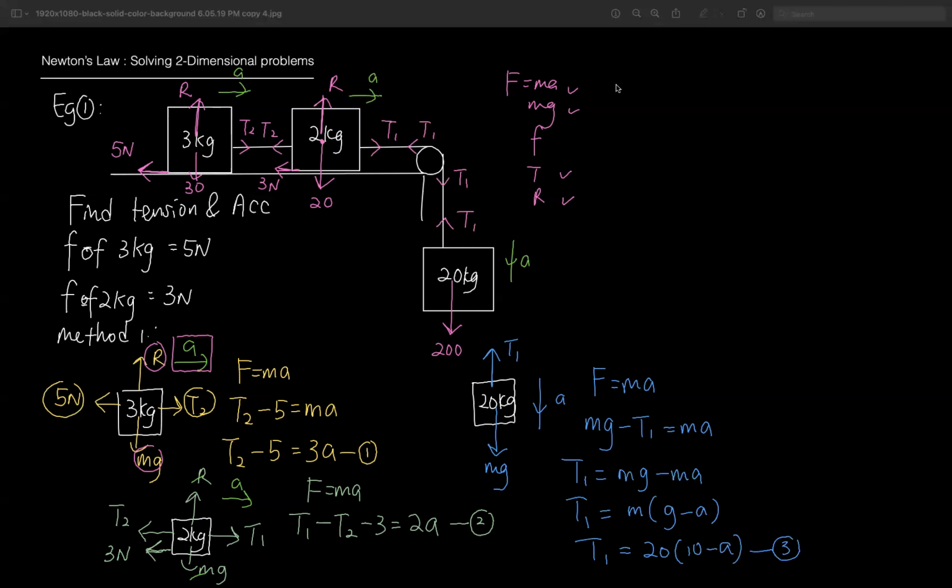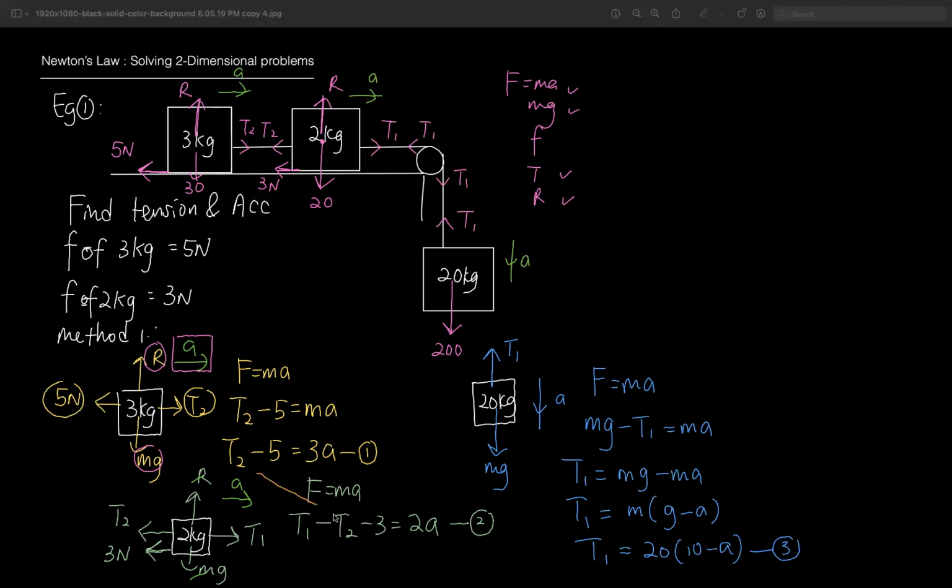Okay, once I have all 3 equations, then I solve it. Find the acceleration. So we are going to use equation 2. That means I'm going to substitute equation 1 and 3 into equation 2.